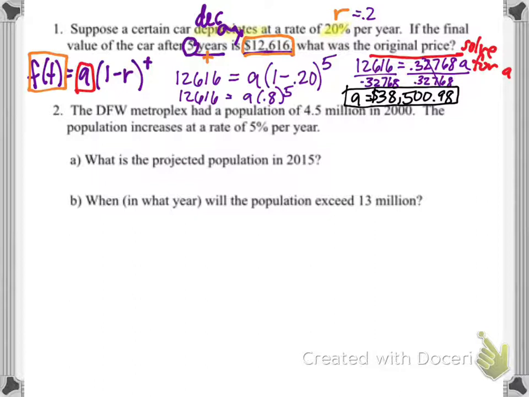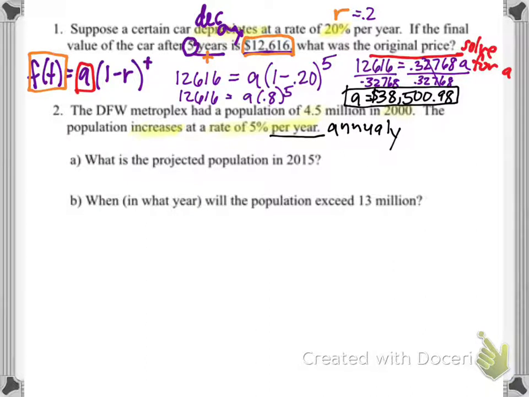That is very sad. Okay, number 2, the DFW Metroplex has a population of 4.5 million in the year 2000, and the population increases at a rate of 5% per year. Per year, again, annually, so we haven't seen anything with compounded just yet. We'll get to those examples in a minute. Just kind of a review.